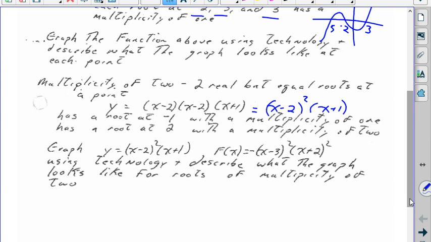So they have two real but equal roots at 2, and then another root at -1. So punch this equation into your graphing calculator and sketch just off to the side what that would look like. And then you can sketch this one also.